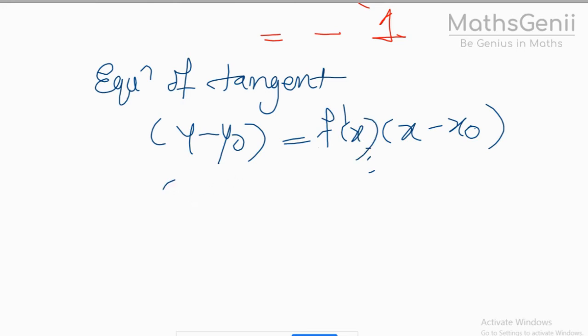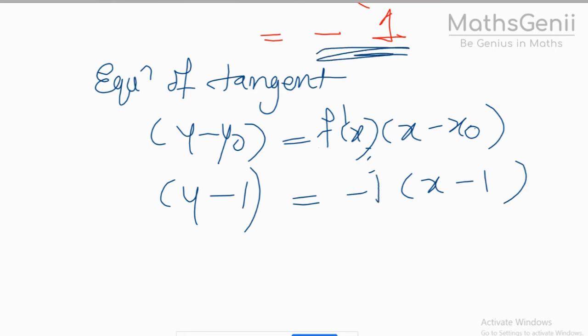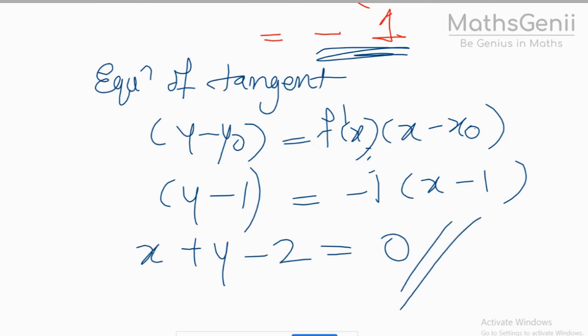So y naught is 1, x naught is also 1, and you got dy by dx as minus 1. Correct. So when you rearrange all this, I'm bringing x this side, y this side, and then this will become -2. So this is the equation of tangent.